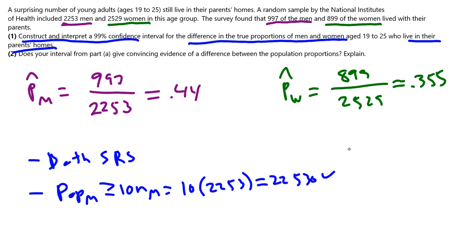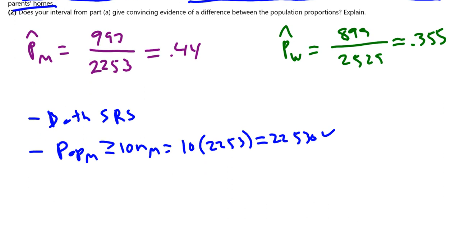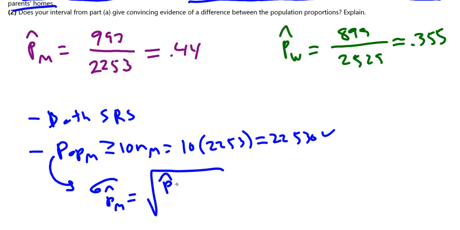There's definitely more than that many men in the world that could have been surveyed. Since this is true, the standard deviation of p hat for the men is the square root of p hat for the men times 1 minus p hat for the men over the number of men. We can plug these numbers in.